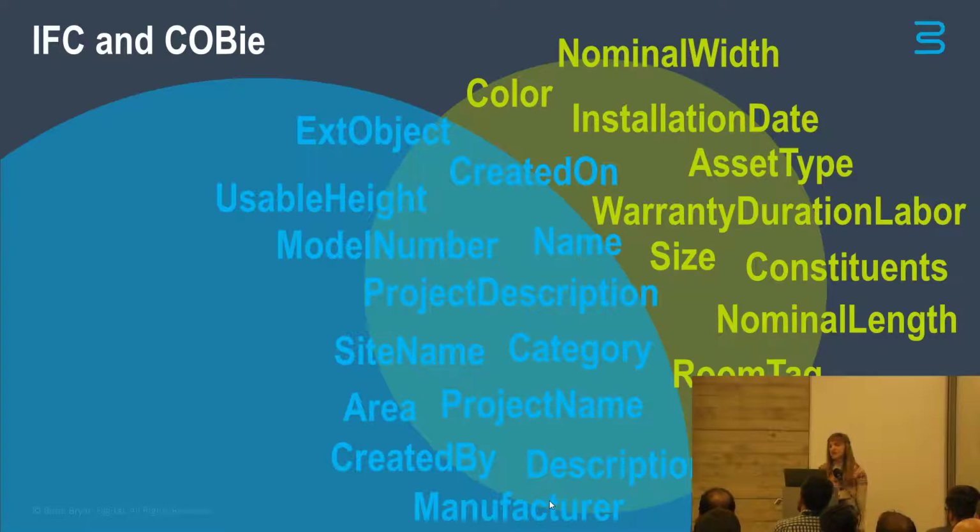Since IFC is the main schema and could be potentially used for many other purposes on a project, like costing and coordination, the configuration of IFC takes priority. And this is why we have this second method. And on this slide you can see some of the COBie fields and where they live in relation to IFC.